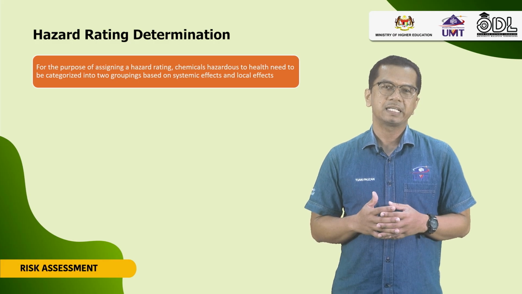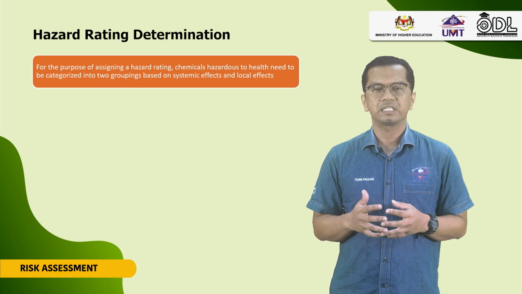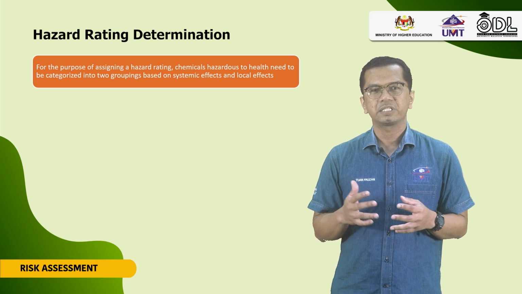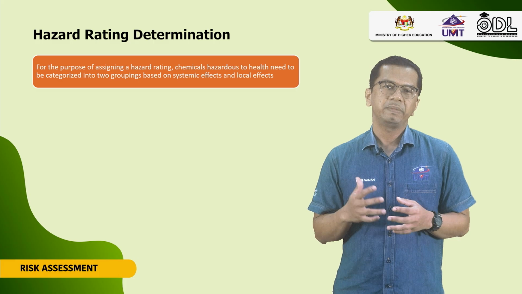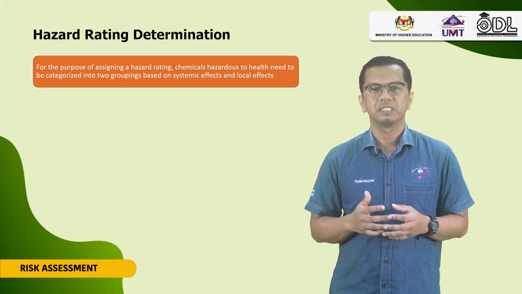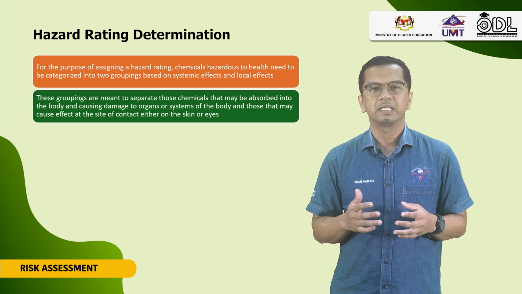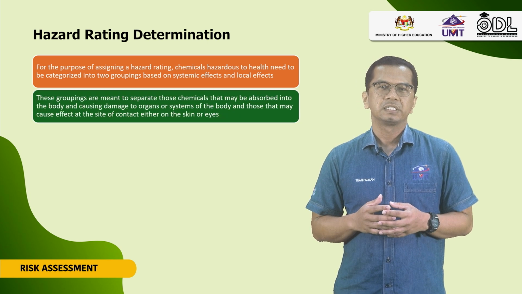To assign a hazard rating, chemicals hazardous to health must be categorized into two groups based on systemic effects and local effects. Systemic effects involve internal damage through absorption, while local effects happen at the point of contact, like skin or eyes. Step 1.